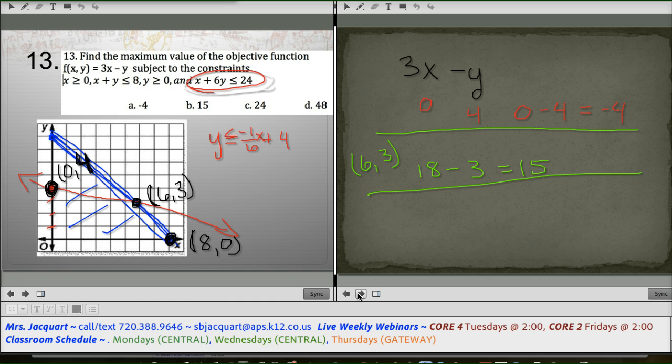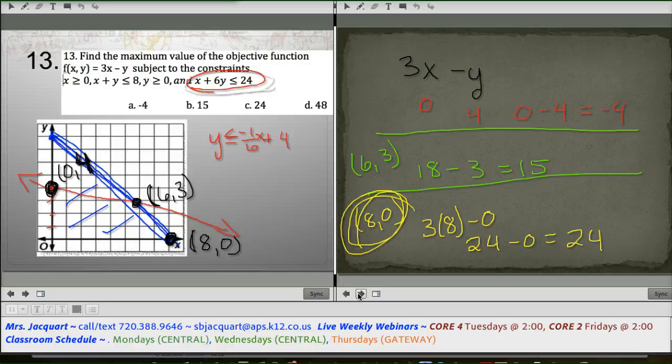And if I pick 8 and 0, then I have 3 times 8 minus 0, so 24 minus 0 equals 24. So which one gave us the biggest value? It was the 8 and 0, and the biggest value happened to be 24. So C.